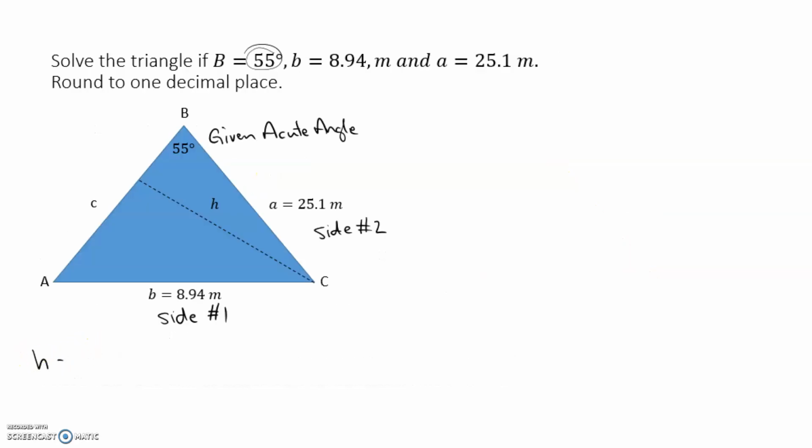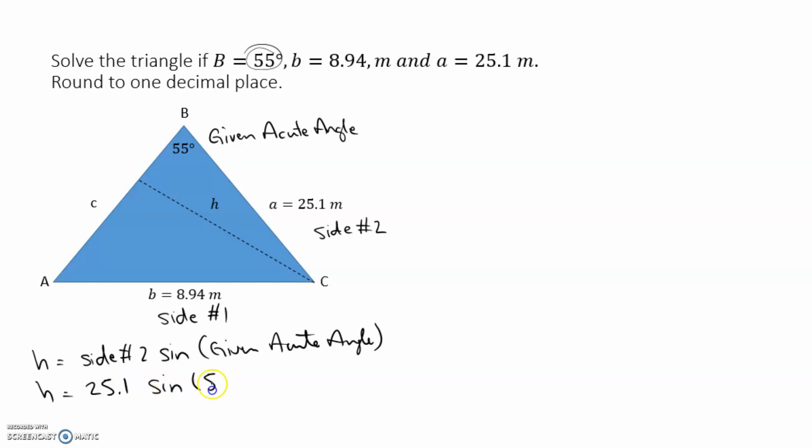So H is side number 2 times the sine of the given acute angle. That's going to be 25.1 times sine of 55 degrees. When you plug this into your calculator, you should get 20.56.